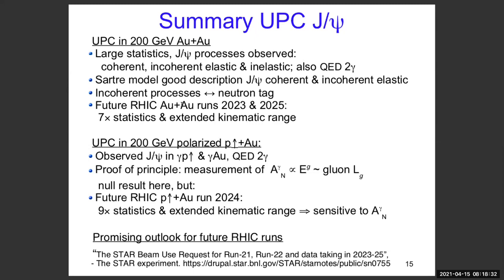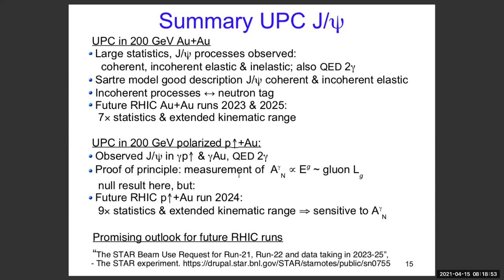RHIC has 4 more years of running before it stops for the EIC installation. In these years, there will be about 7 times more statistics in total, and again with the extended kinematic range of our forward upgrade. Also, in UPC with polarized protons, we observed the J/psi process that we're interested in.